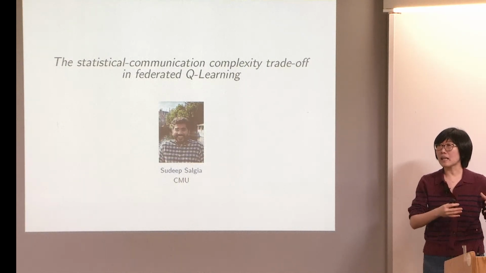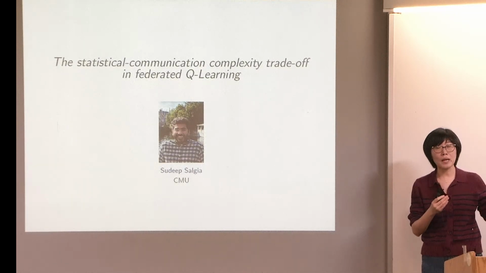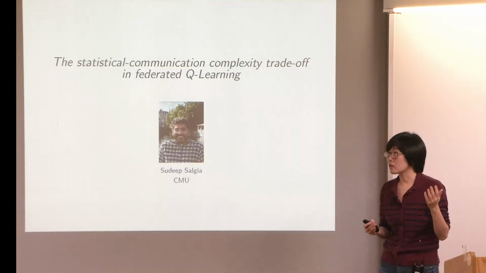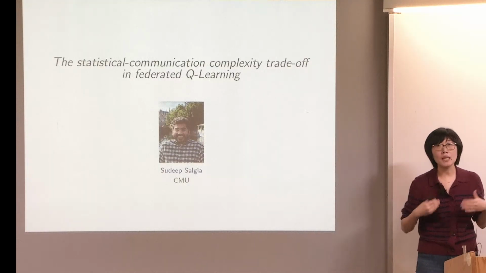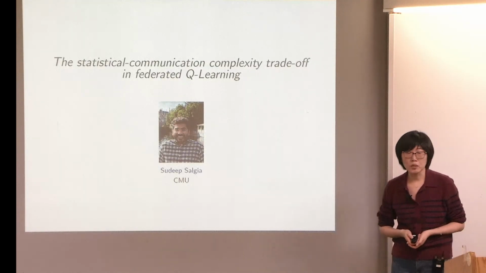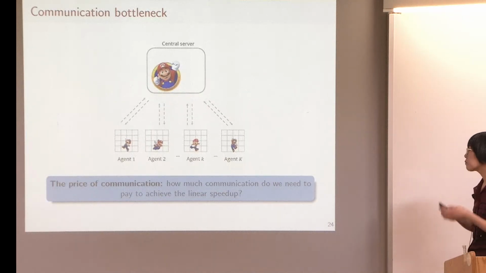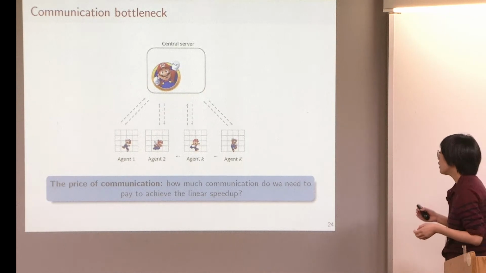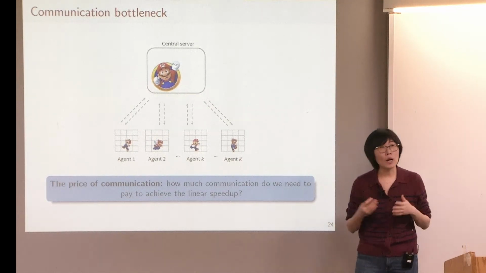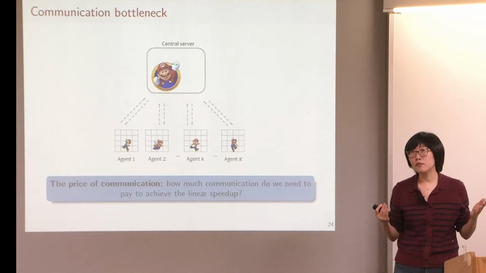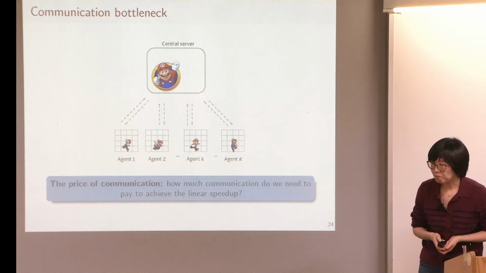It's good to get an understanding on the sample complexity side because we are able to benchmark with a single agent result. But we don't have a lot of understanding about the communication lower bound for this kind of problem. So this is actually the next thing we want to look at: the price of communication, right? How much communication do we have to pay if I want to achieve this linear speedup? In fact, if I want to achieve any speedup in this kind of regime.